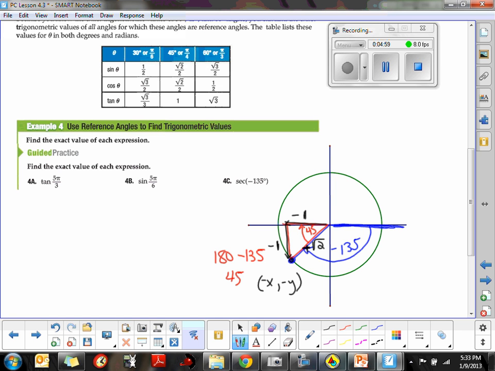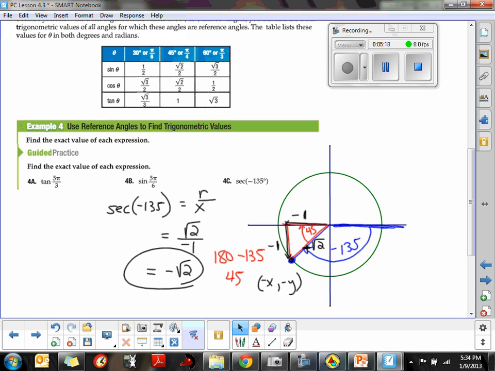So when we do the secant of negative 135, I know I'm searching for the r value all over the x value. That means we have an r value of square root of 2 over the x value of negative 1, so it is a negative square root of 2. Okay, so that's how I would attack those types of problems with reference triangles.